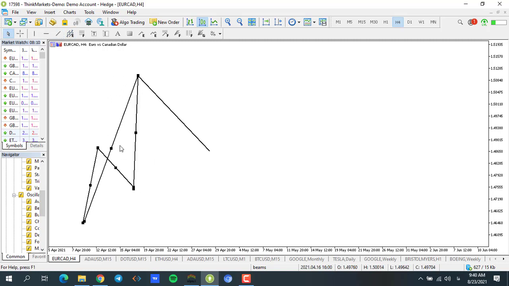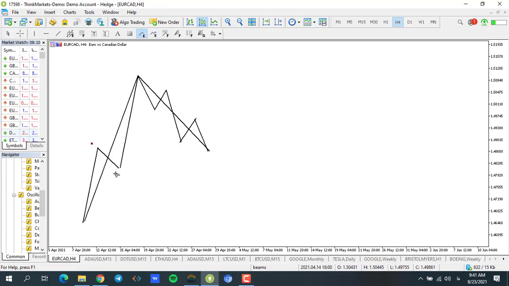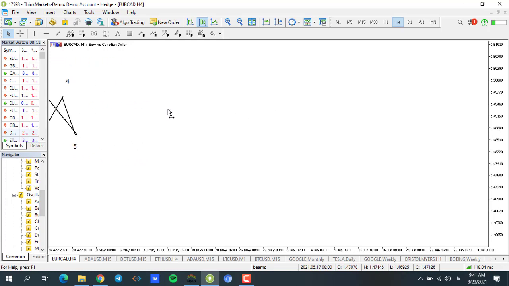I don't think anyone else uses this style. 3 here and 5 here. It's another cycle. Here we have A, B, C. Then we have 1, 2, 3, 4, 5. It's an anti-cycle.